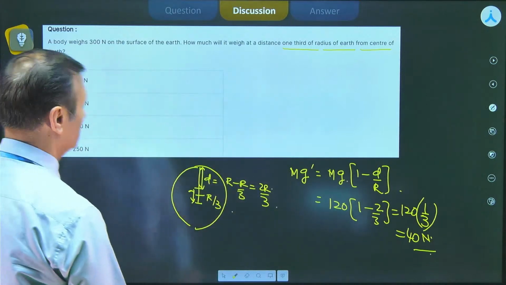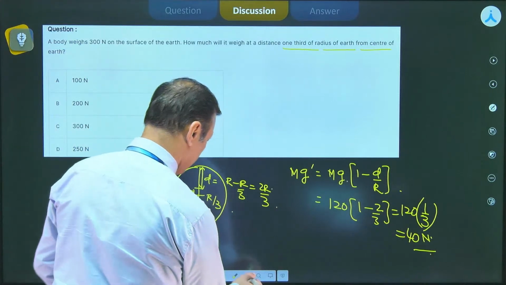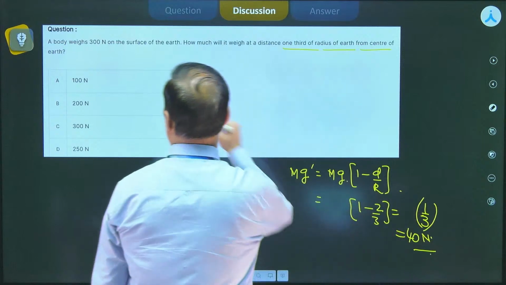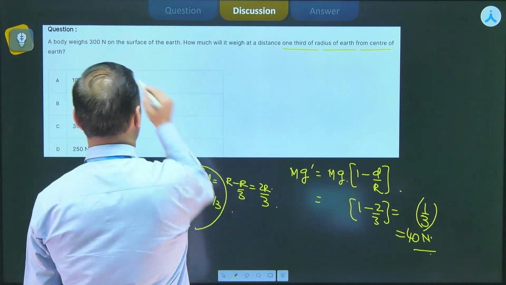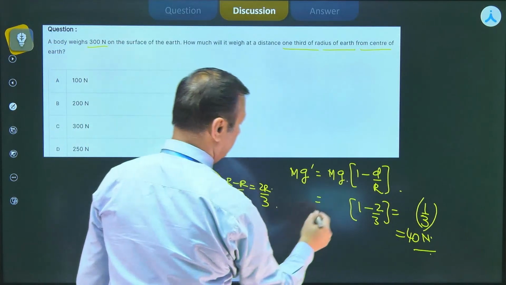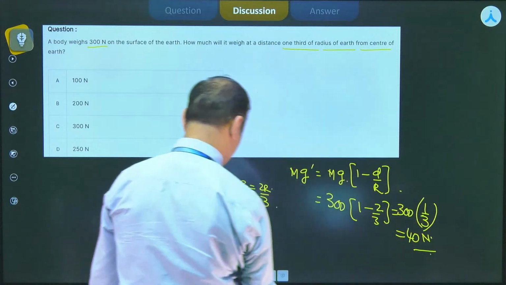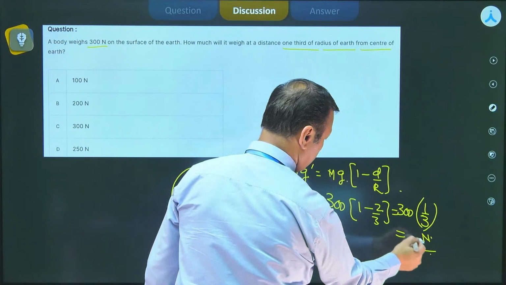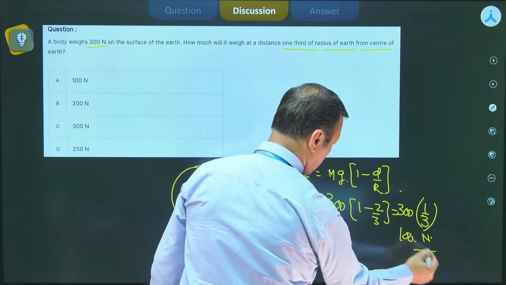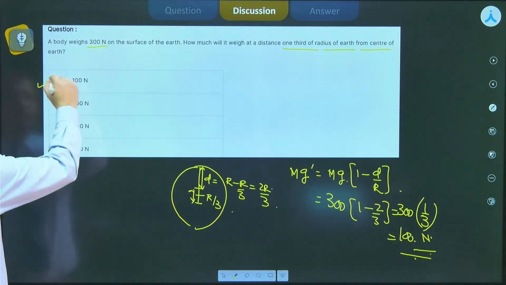Oh, this is what? 300 newtons. Sorry. So I have taken a wrong value. Here it is 300 newtons. So I don't know how this figure came to my mind. So this is 300 newtons. So when you divide this 300 by this 3, so that makes it definitely 100 Newton only as your answer. So this is the first option we have.